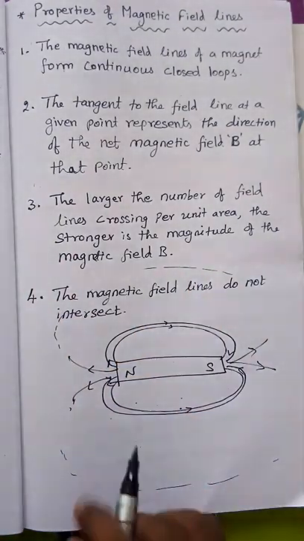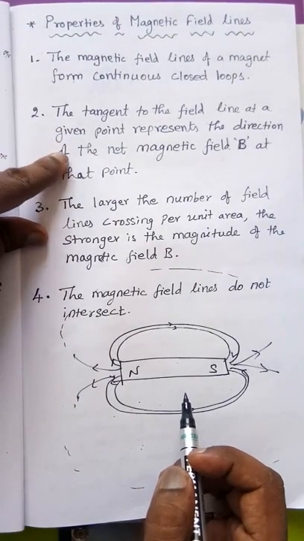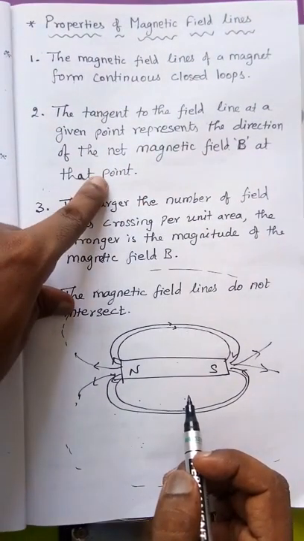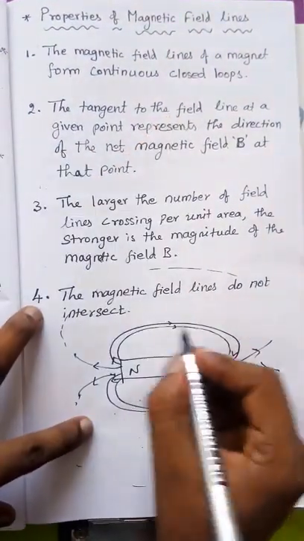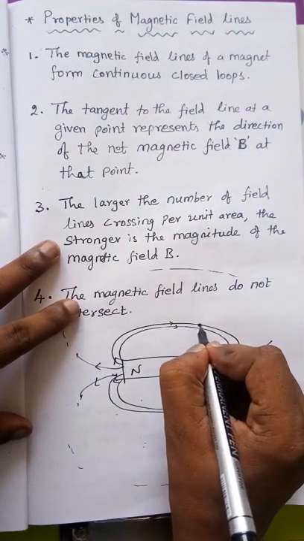So closed loops only. Second point: the tangent of the field lines at a given point represents the direction of the net magnetic field B at that point. You take any point on the loop. For example, I will consider one point here.